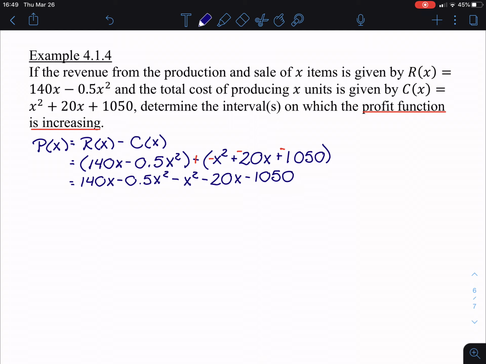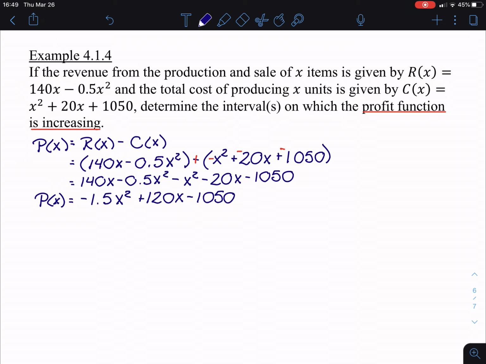Now I can put like terms together. Negative 0.5x squared minus x squared is negative 1.5x squared. And 140x minus 20x is plus 120x. And then minus 1050. So this is my profit function.